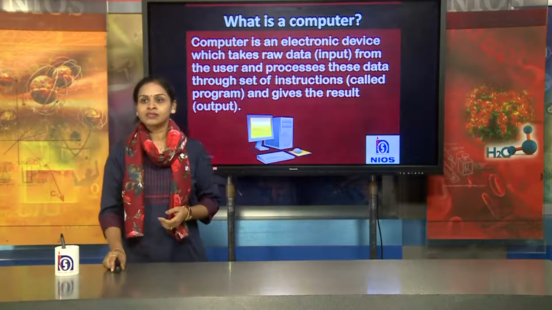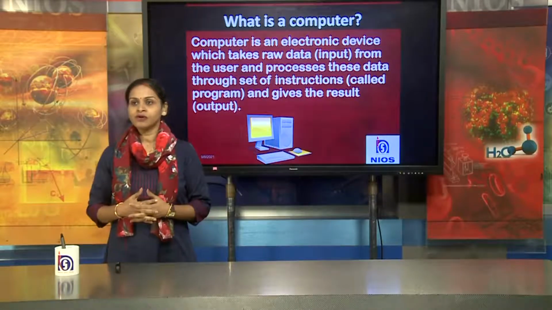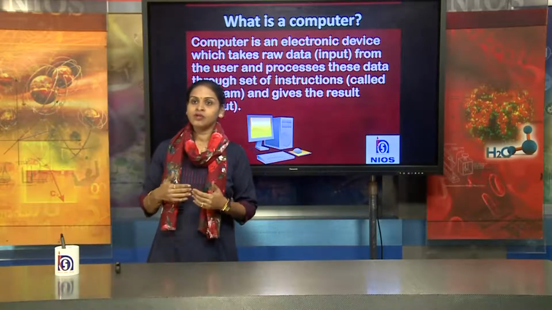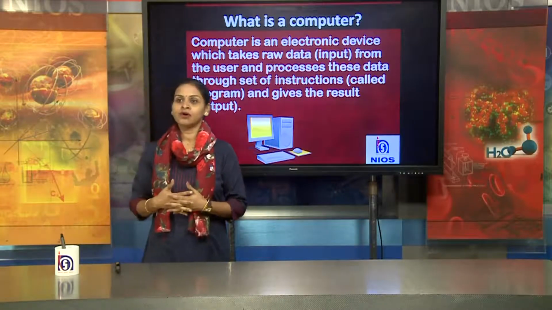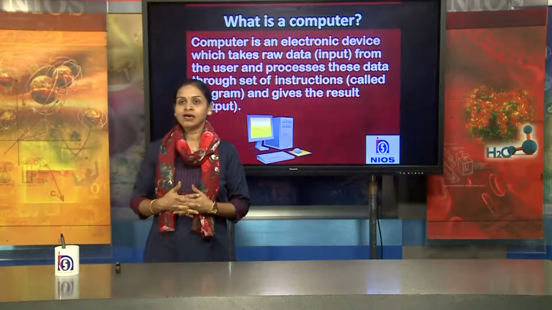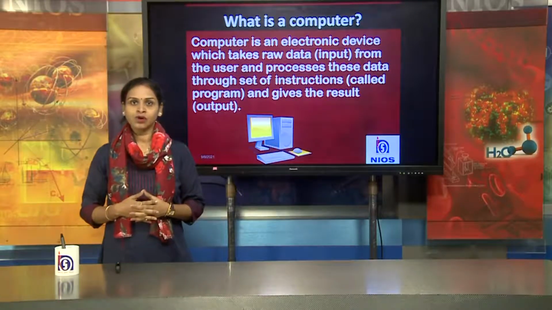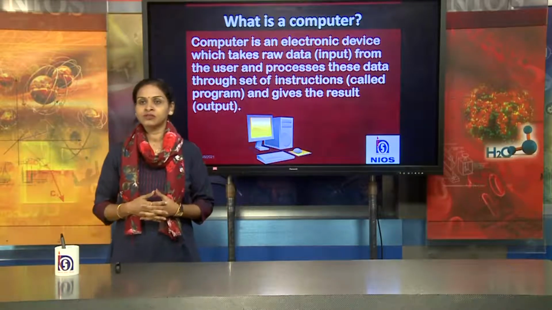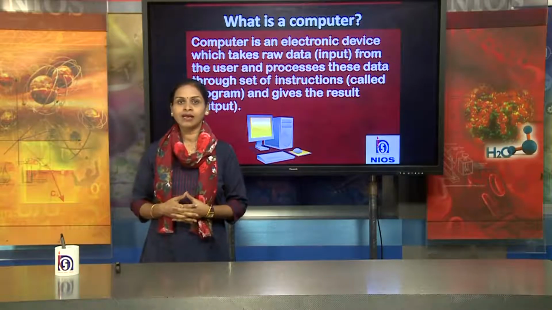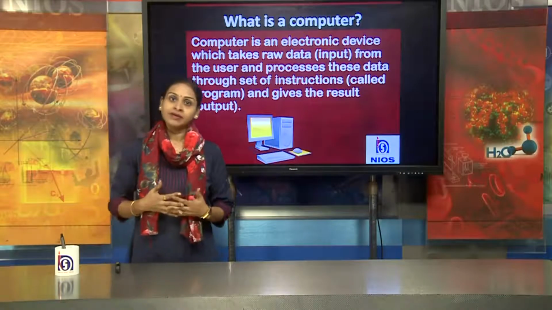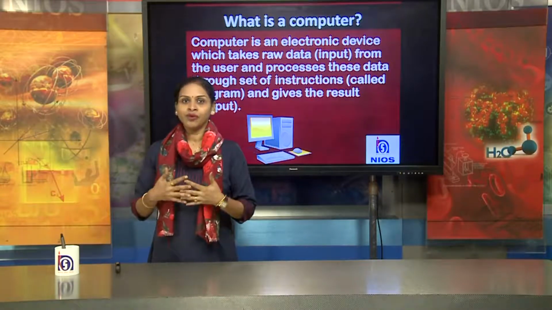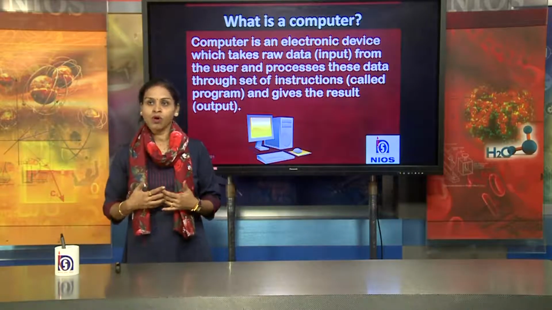Now we will discuss generations of computer. The history of computer development is known as generation of computer. There are 5 different generations of computer, namely first, second, third, fourth and fifth. Each generation has fundamentally changed the way the computer operates.